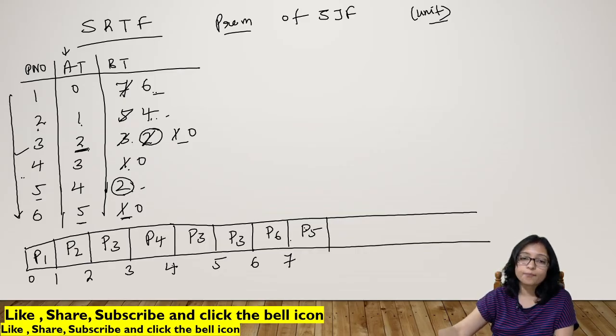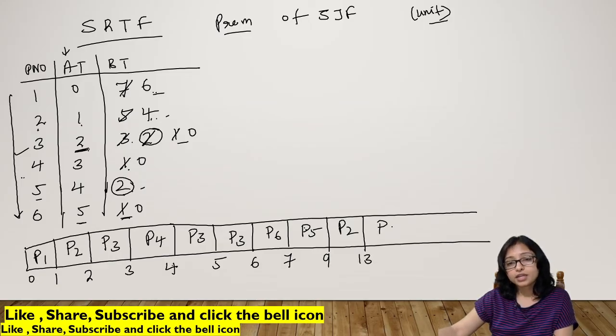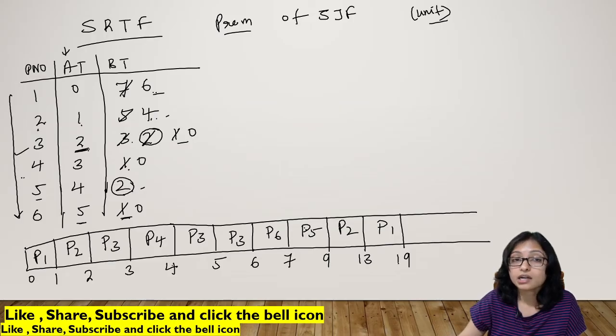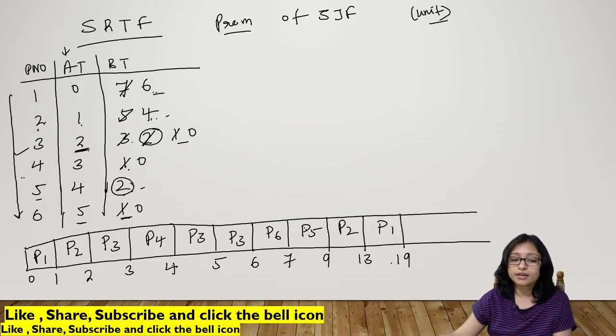P5 will do till 9. After that P2 will get the chance and P2 will do till 13. And after that P1 will get the chance and complete till 19. And this is your SRTF, shortest remaining time first.